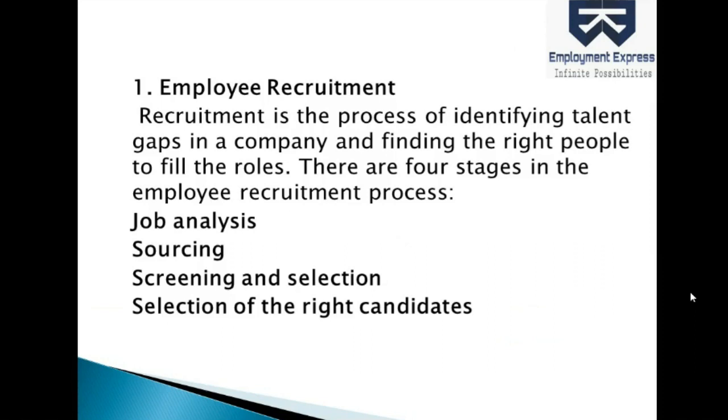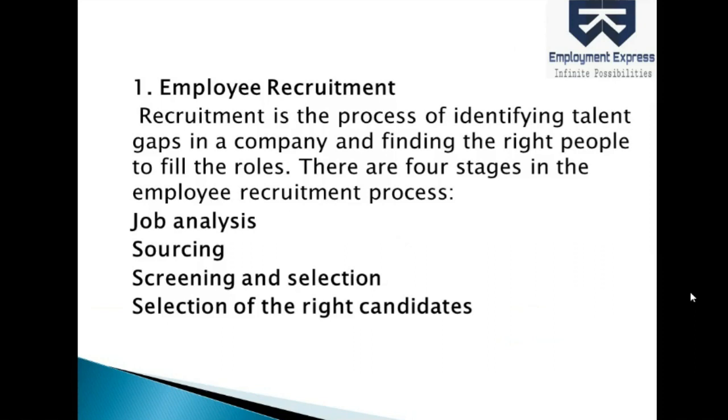There are basically four stages in a recruitment process. The first is job analysis, where we check how many candidates we need, how many seats we have in the company. Next is sourcing, where we check how we can hire a candidate.